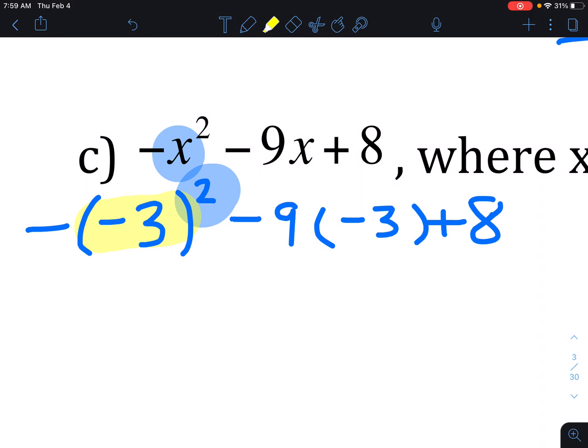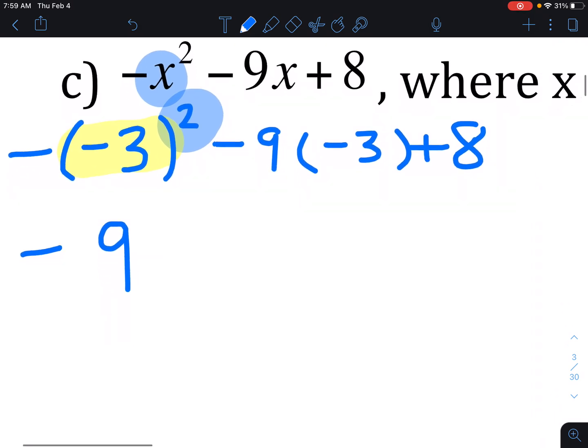So the negative that's out in the front of the problem gets dragged down. Then we do what I highlighted. We do -3 squared, which is 9. So we drag down a 9, and the negative that we drag down in front, it becomes -9. So we have to be really close, really careful when we're doing this.